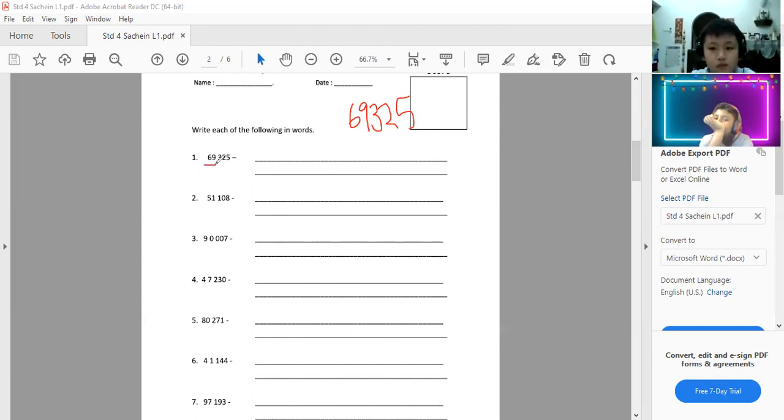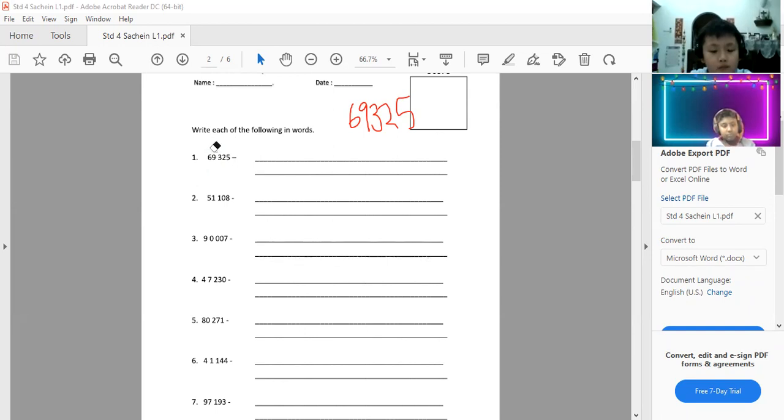When I have a little space there, I can now read this number as 69. After saying 69, I must mention the word 1,000. Do you understand? Because this is the place value where the thousands house ends.